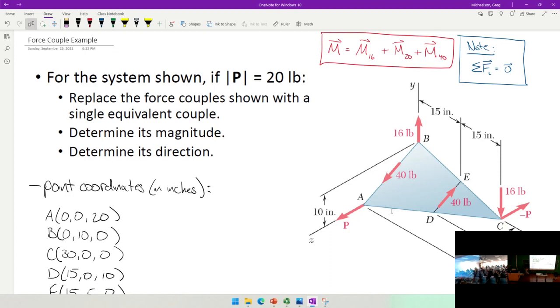So the way that I'm going to handle that is I'm going to pick a point of reference. To me, it doesn't really matter. Let's be different about it, okay? So let's say that this is our point of reference.